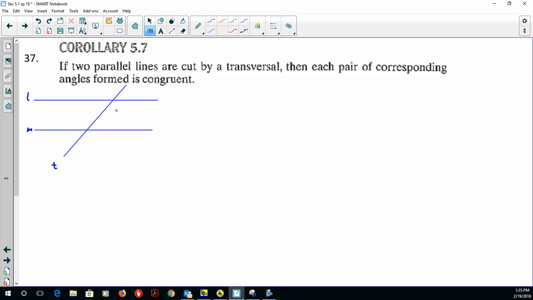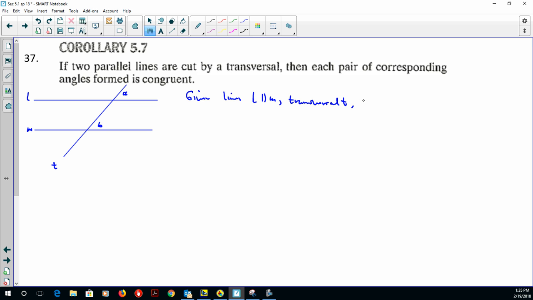Okay, so we're given lines L parallel to line M, and transversal T, with angle A, angle B corresponding angles as shown.